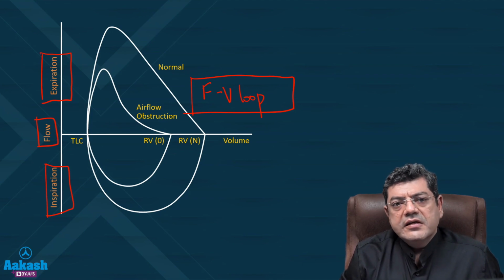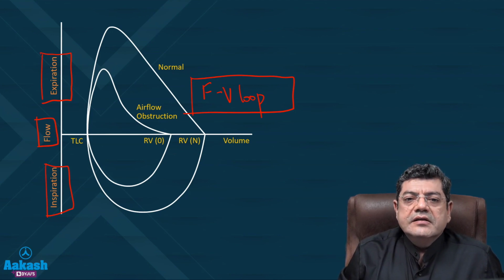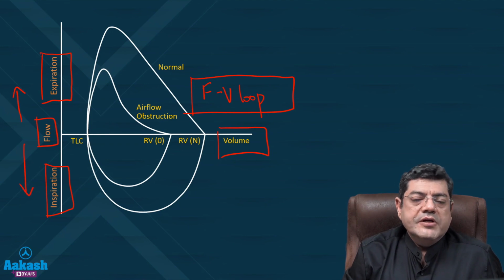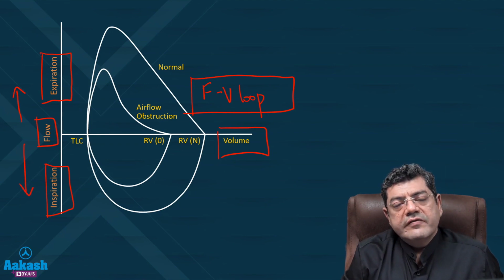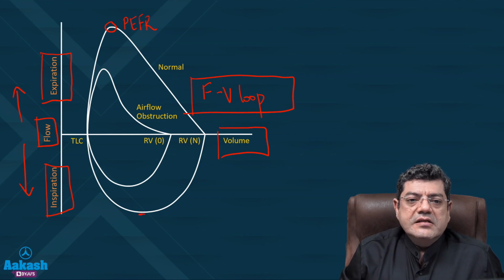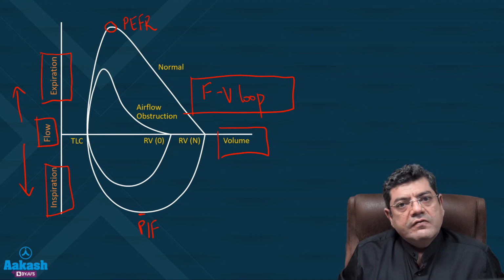I'll explain in greater detail. The x-axis records volume, and flow rates increase both up and down. As you go away from the x-axis, flow rates increase. So, this here is the peak expiratory flow rate, and this here is the peak inspiratory flow rate.